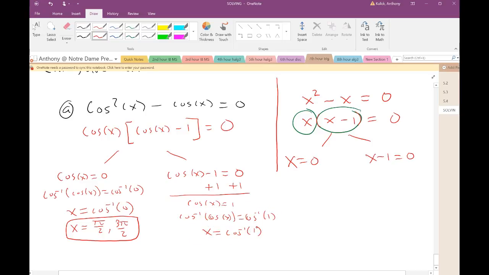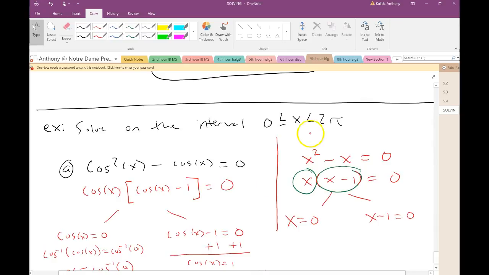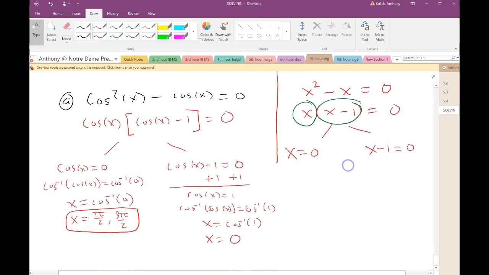And notice 1 is a unit circle value for cosine. Cosine equals 1 when x is 0. Does it equal 1 any other place on the unit circle? Again at 2 pi, but if you look, is 2 pi included in my solution set? No, right? So we just have the one answer there.